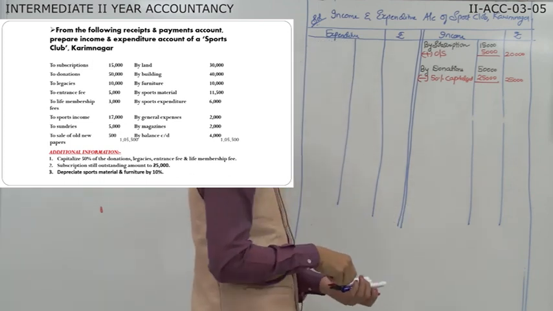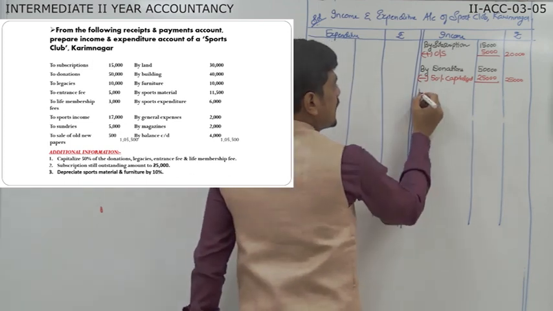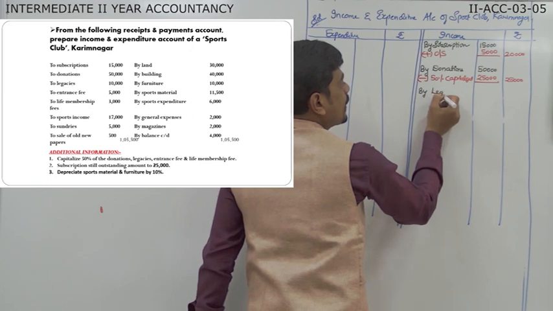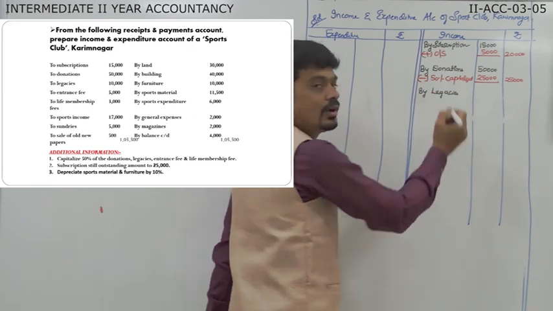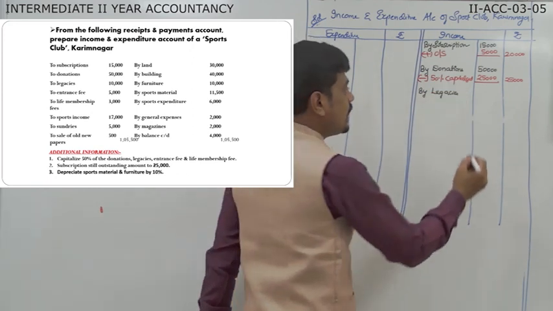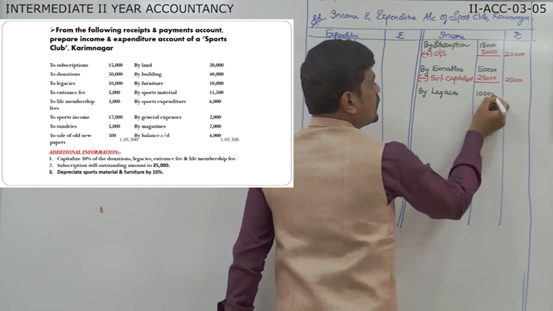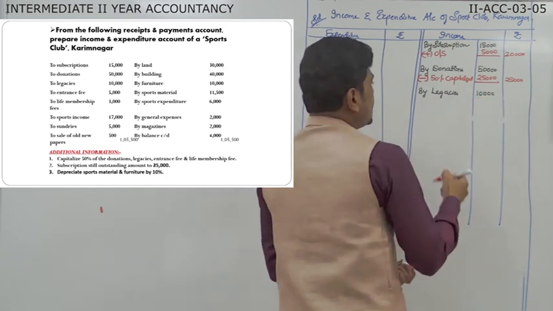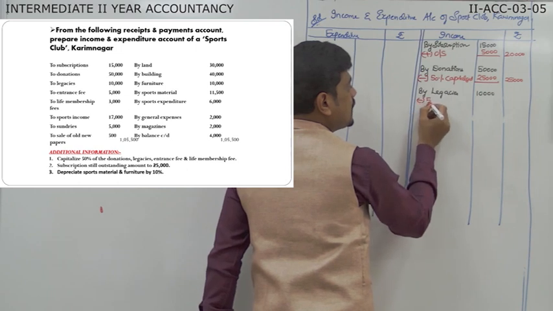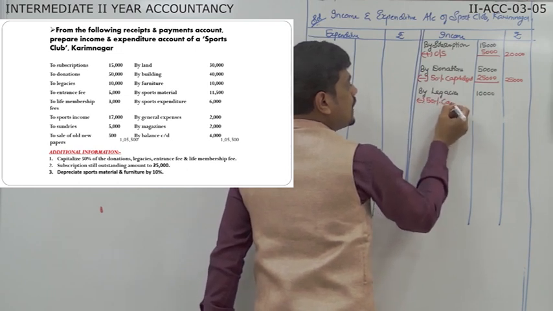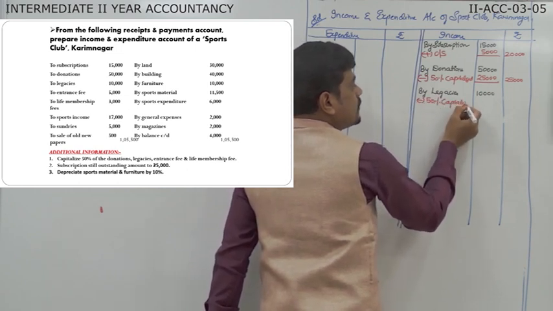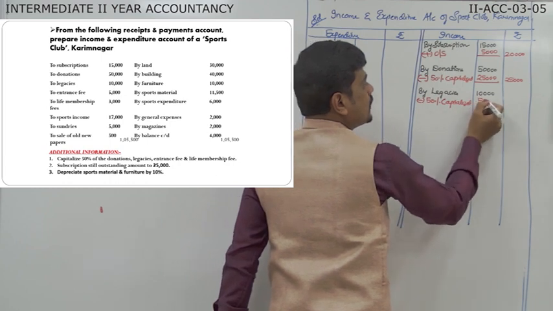Then they gave legacy. Same again. By legacies, the amount given is 10,000, and 50% they told us to capitalize. So minus 50% capitalized, 5,000.